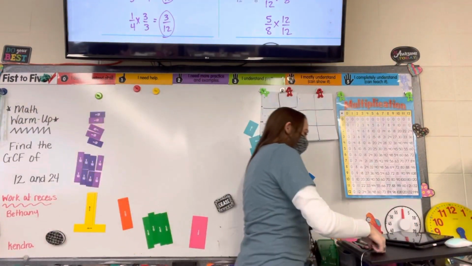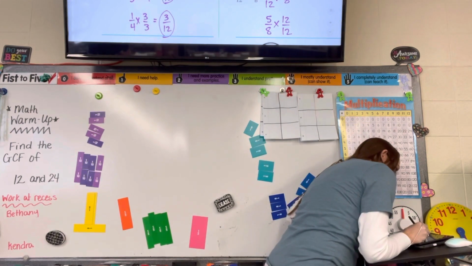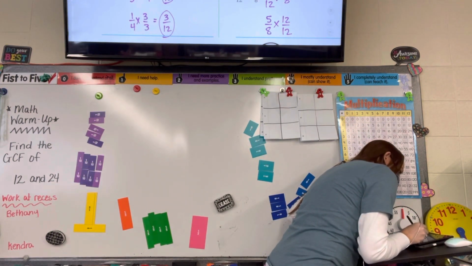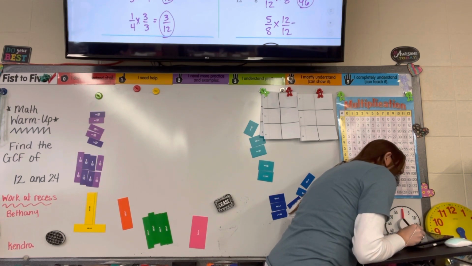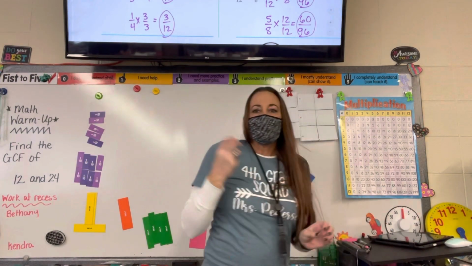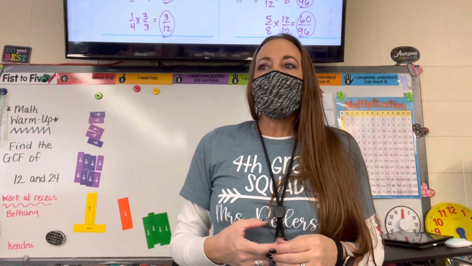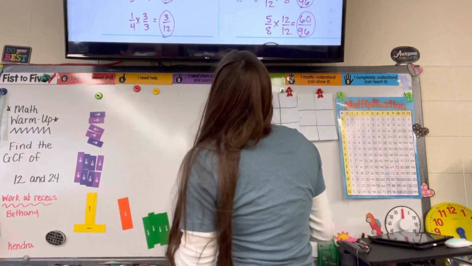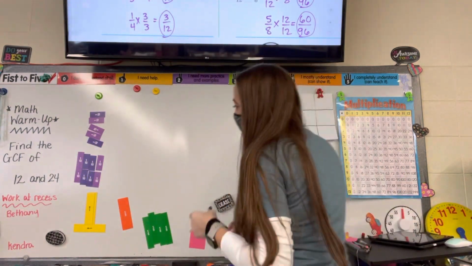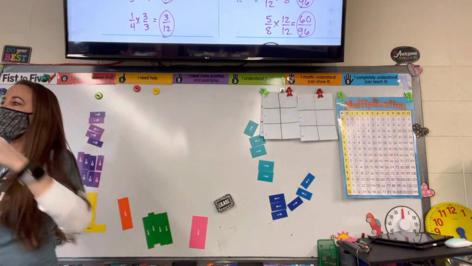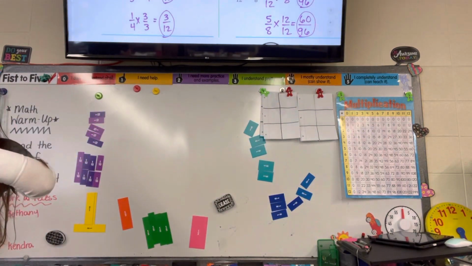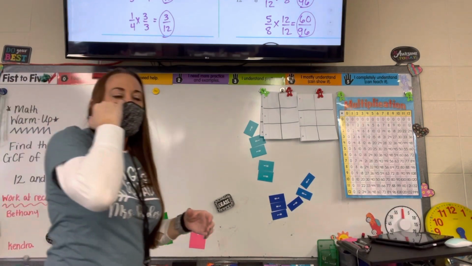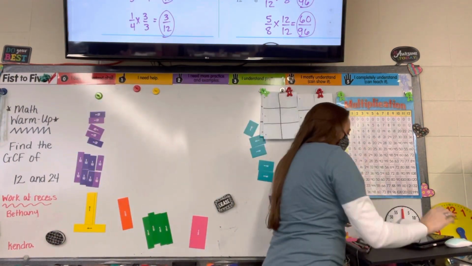So, 4 times 8 is 32. 12 times 8 is 96. 5 times 12 is 60. 8 times 12 is 96. So do we now have two fractions that have the same bottom number? Yes. And as long as you multiply the top and bottom by the same thing, the answer you get is equivalent to your original fraction.